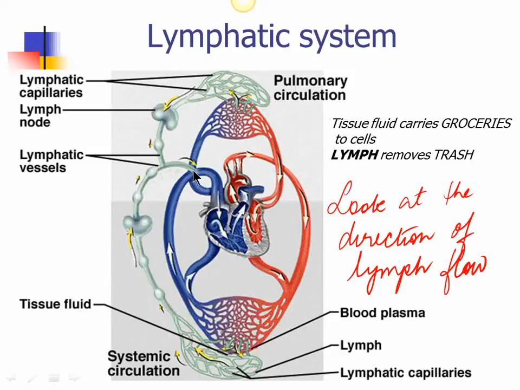It goes into a vein from above, and also it's coming down into a vein. So it's towards the heart. Another thing you can see from this picture is that the lymphatic vessels finally drain into veins. That's another important thing to remember. All of the remaining fluid in the interstitial space goes back into the circulation.